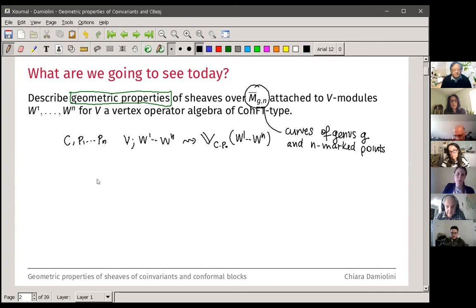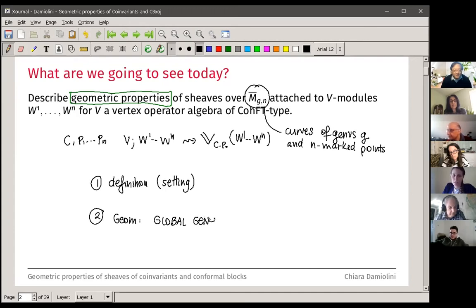I will start with some definitions and explain better the setting I'm working in. This is the first part, just the intro. In the second part, we will talk about these geometric properties, which for us today just means global generation. If you don't know what this means, it's okay. We're going to talk about this later.